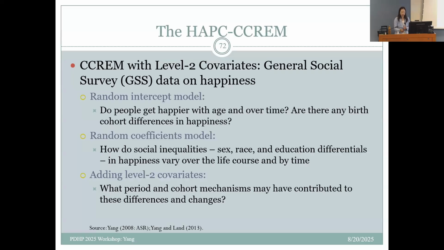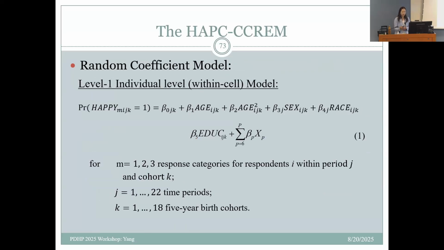So I have to move at like 5,000 miles per minute speed, but this again should look familiar because it's a similar level 1 within-cell model that specifies individual level characteristics, age, sex, race, education, and other X factors that are related to happiness for this set of data.